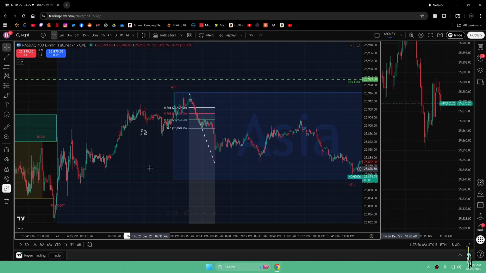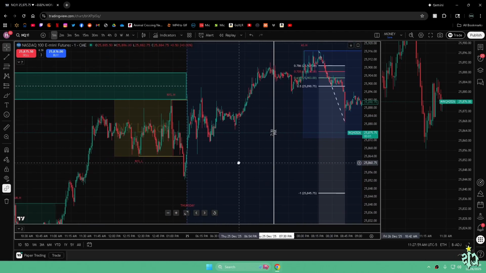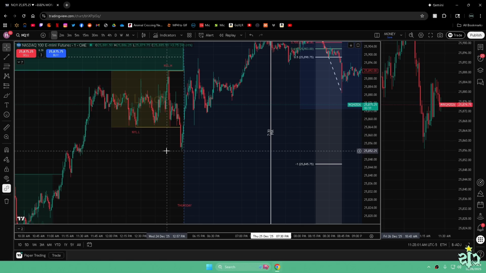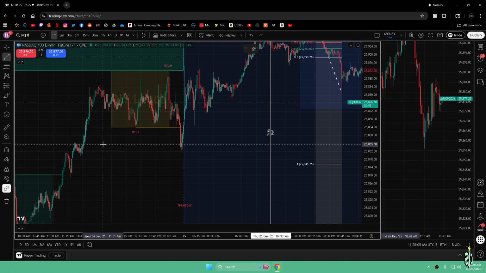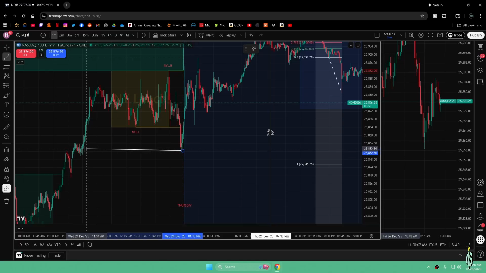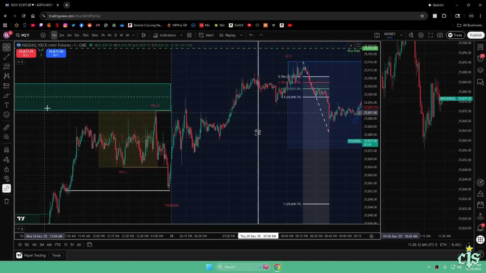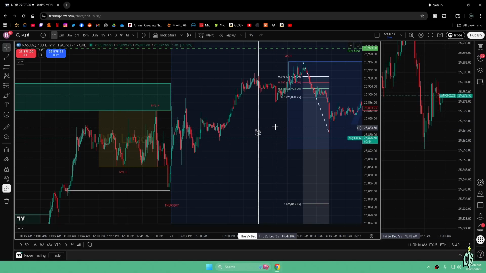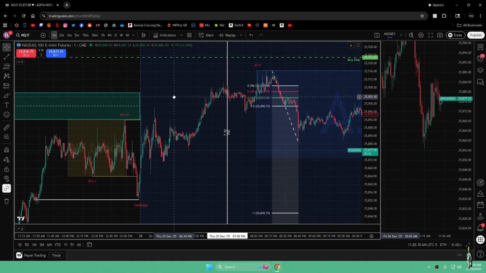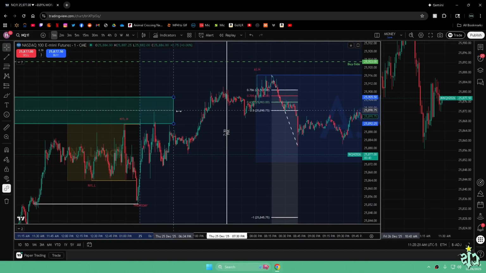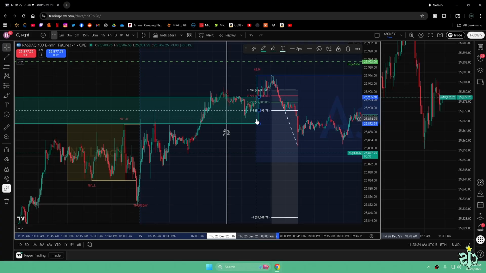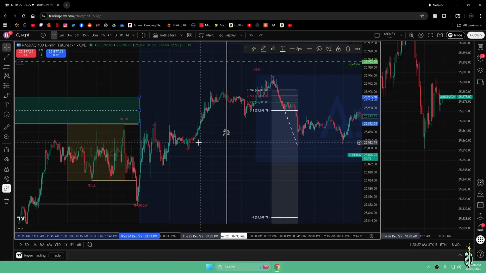Now, the reason why you don't want to look for longs here is because, first off, we faked a sell side sweep right here. This is on NQ mini, so I don't know about regular MNQ, but we faked that. Then in this zone right here, we kept on re-referencing it, so we were accumulating.